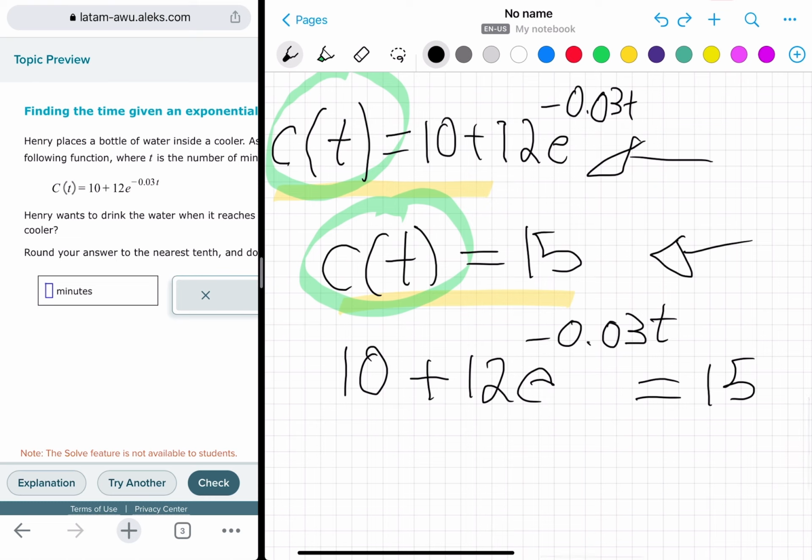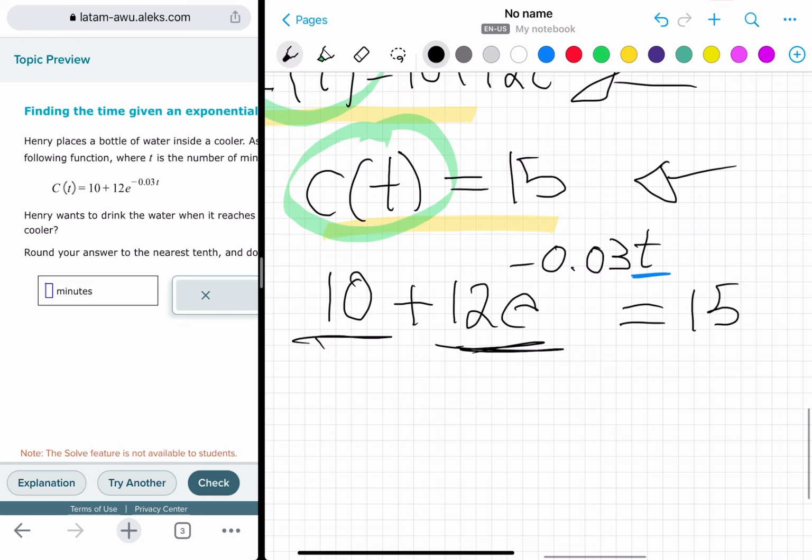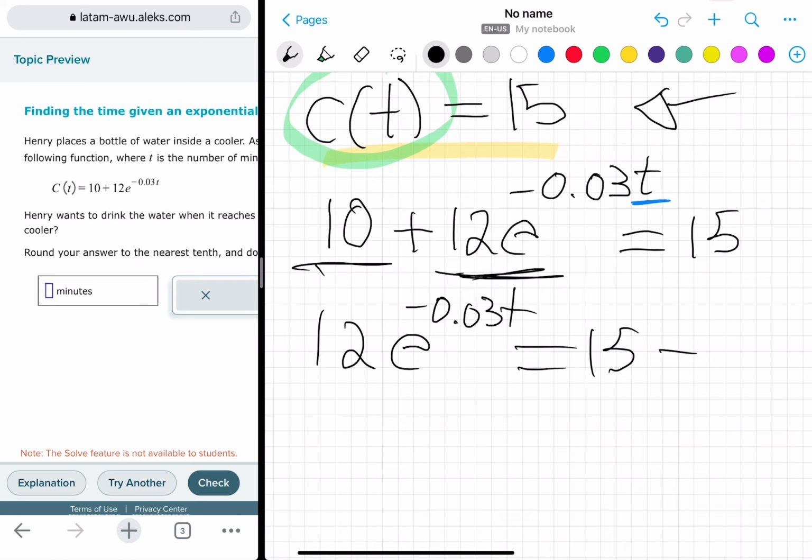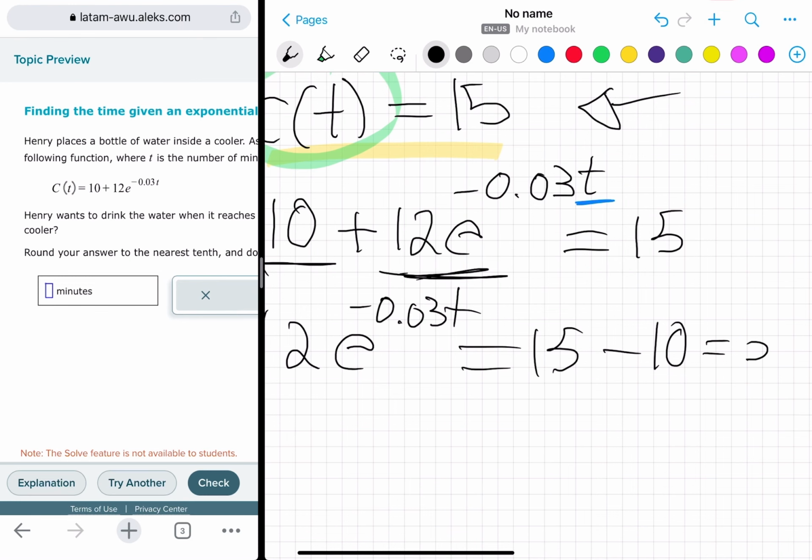Now from here it is just a simple exponential equation in which I want to solve for t. t needs to be alone, but I have here a 10 and some numbers that are not letting me work, so I'm going to move them to the other side. First I will move this 10 to the right side and I'm going to have 12 e to the minus 0.03 t equals 15 minus 10. 15 minus 10 is 5.